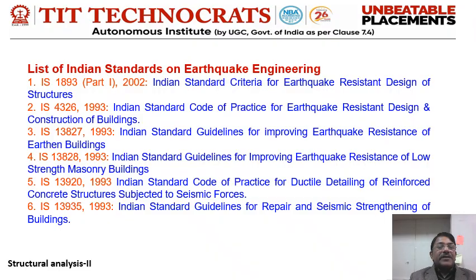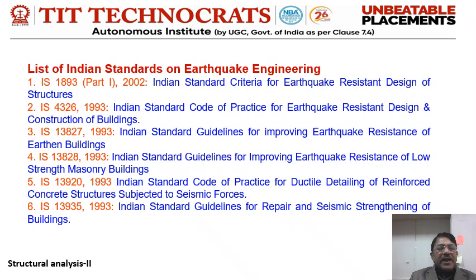So the Indian Standard Codes of Practice have given guidelines for designing high-rise buildings. To design the structure with the help of these standards, IS 1893, IS 4326, IS 13827, IS 13828, IS 13920, and IS 13935, all of you need to understand these IS codes.